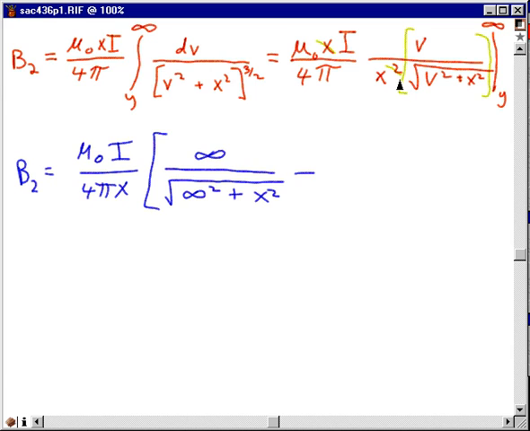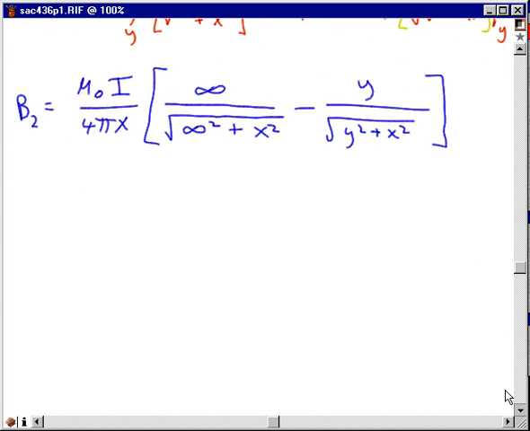to get y over square root of y squared plus x squared. Alright.